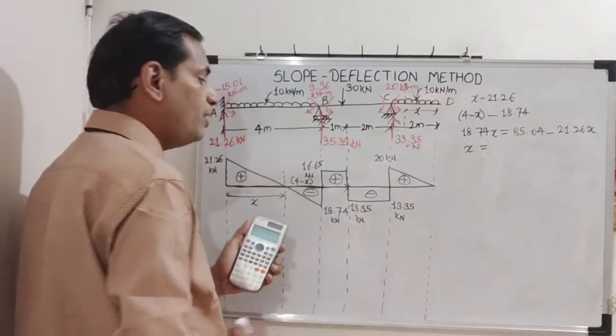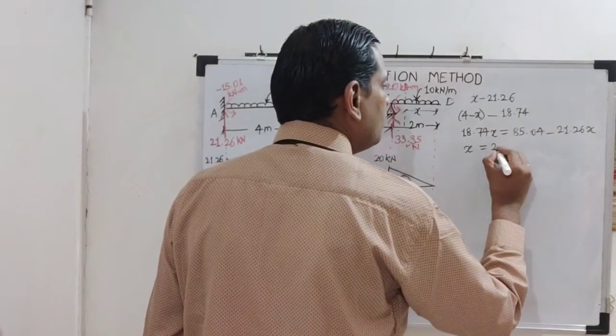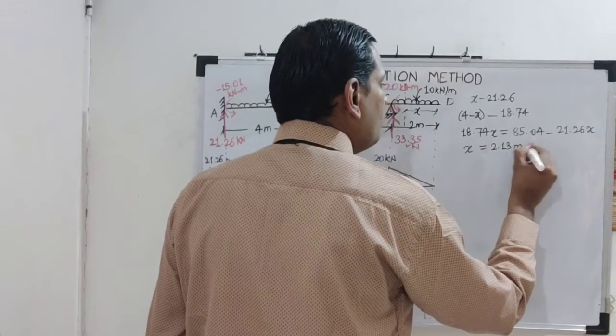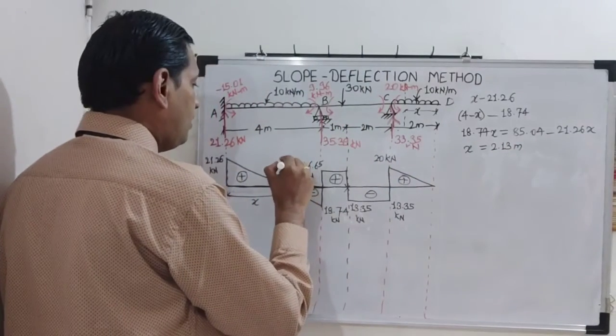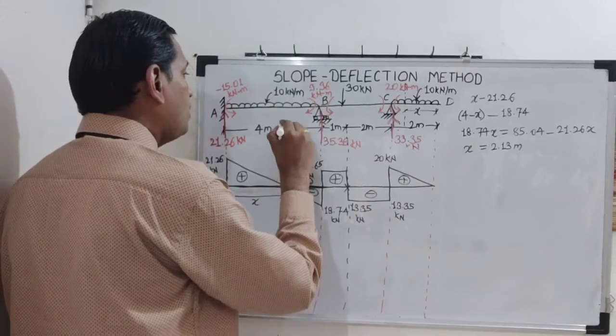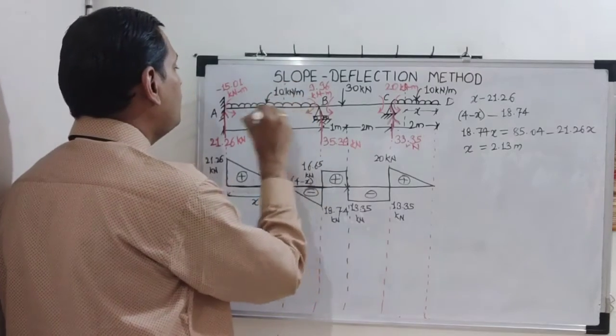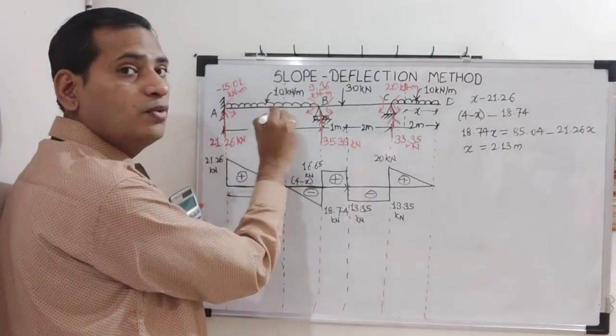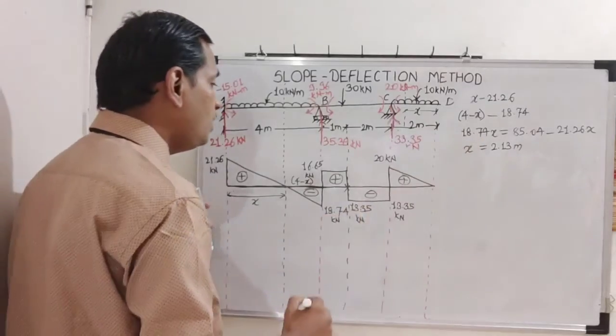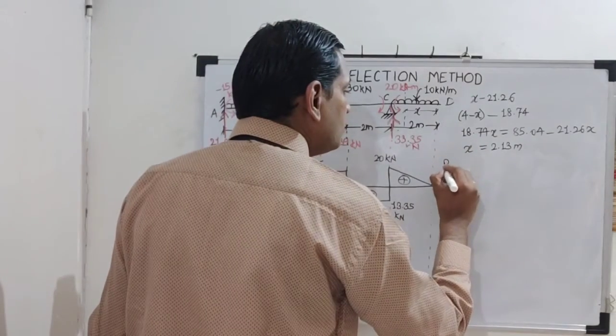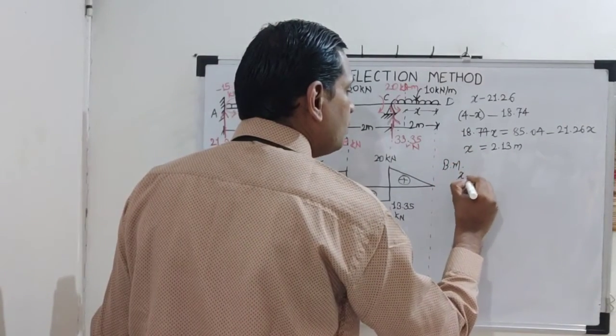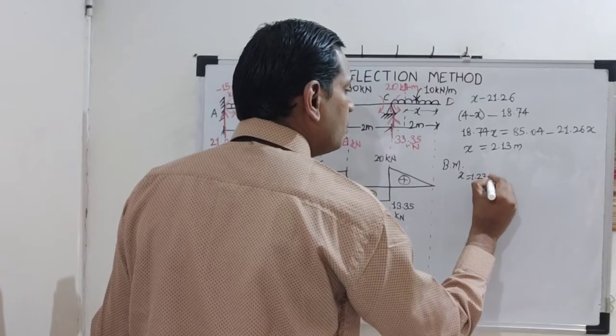So the answer is 2.13 meters. So we will take bending moment at a section x equal to 2.13 meter from support A, and we will now write the equation of moment.